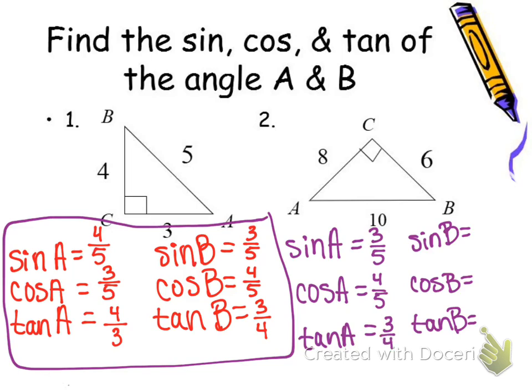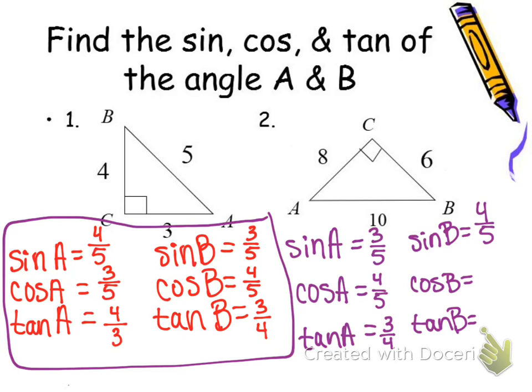What about the sine of angle B? Let's move on to angle B. Now, either you can go back to the triangle and start over, look for the opposite side for B and the adjacent, or the opposite and the hypotenuse again, or if you remember the pattern, the sine of B is going to be the same as what? Cosine of A. Those are going to be the same, so it's going to be 4/5 again.